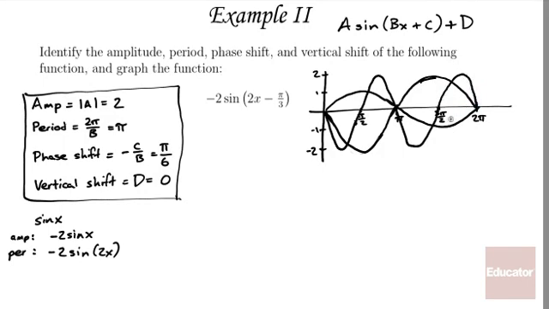There, that one that I just graphed, I shortened the period to be pi instead of 2 pi. So the period is now pi on that new graph.